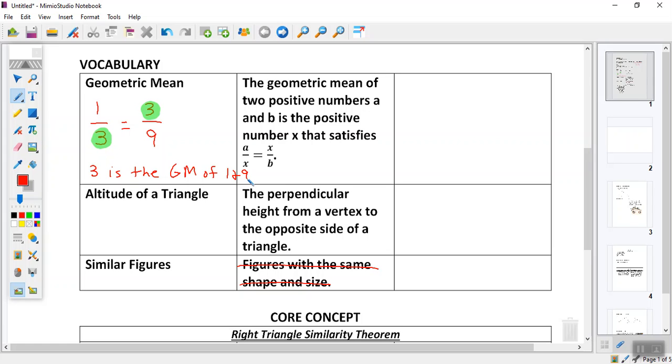Now let me try to trick you. Let's see how good you guys are. I'm going to ask you the question: what's the geometric mean of, how about 2 over something equals something over 32?